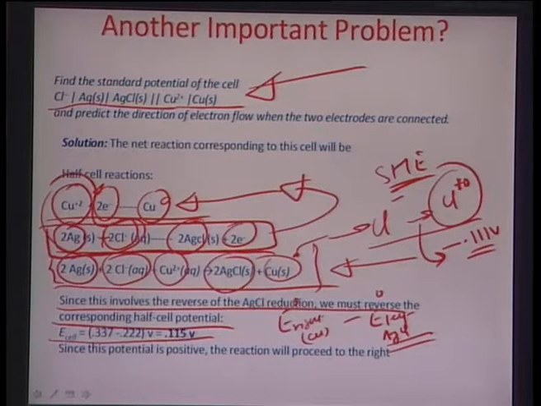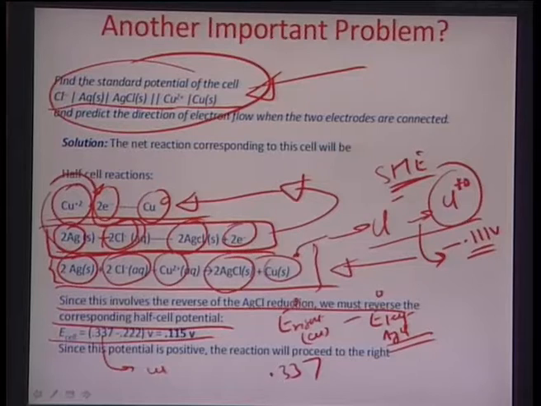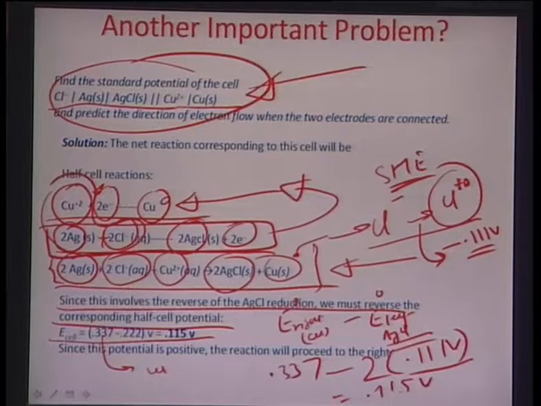So, the E0 cell potential here is essentially 0.337, that is the E0 of the copper, or the right side of this notation, minus twice 0.111 volts. It comes out to be 0.115 volts. Since this potential is positive, the reaction will proceed to the right.